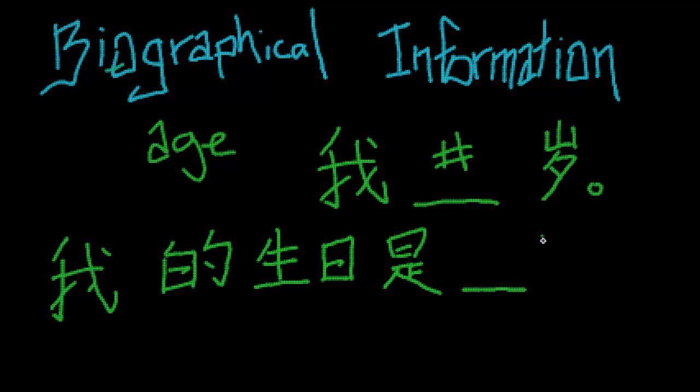Here we're going to put a number followed by 月, then another number, and since it's a writing assessment we're going to write 日 but when we speak we say 号. Alright, so on those spaces we put a number. So if your birthday is January 1st, you would say 我的生日是1月1号.